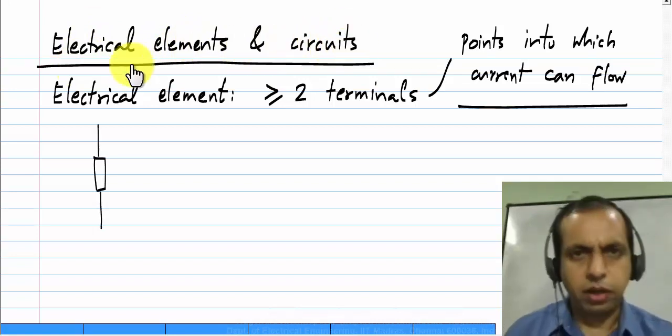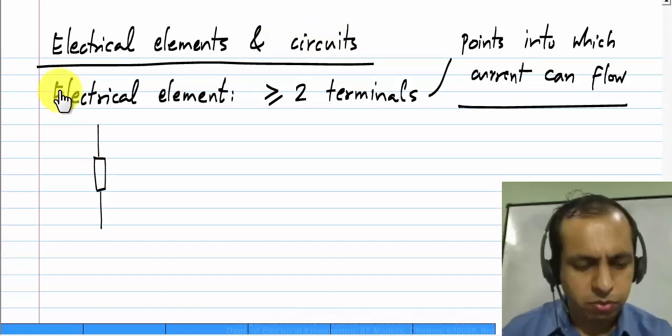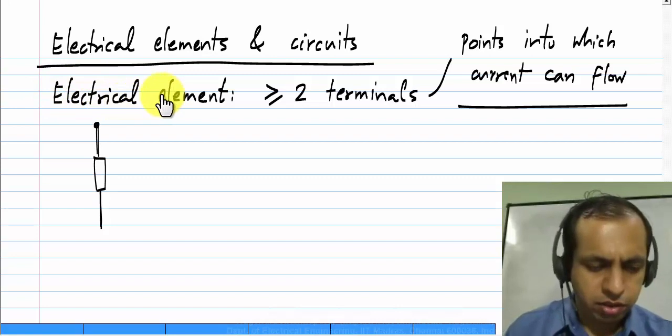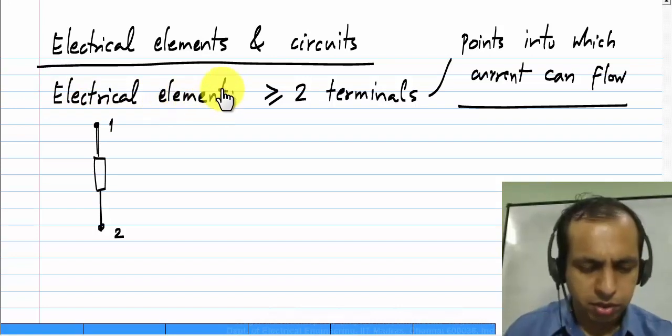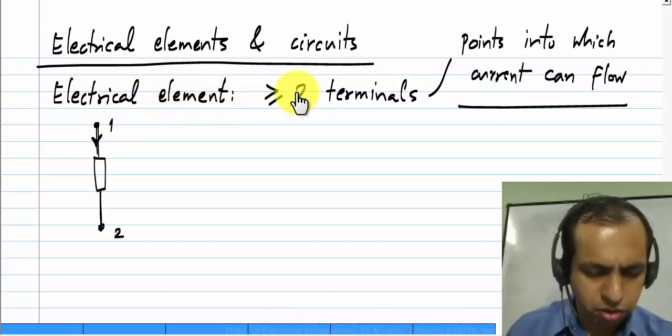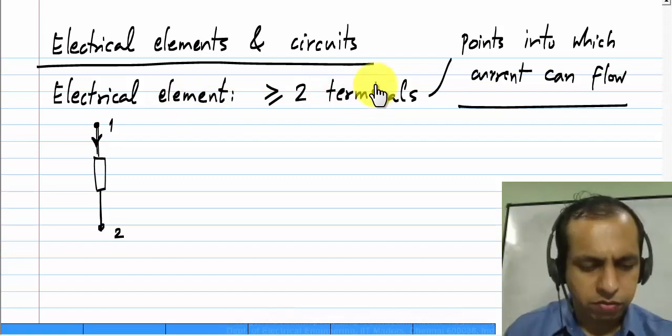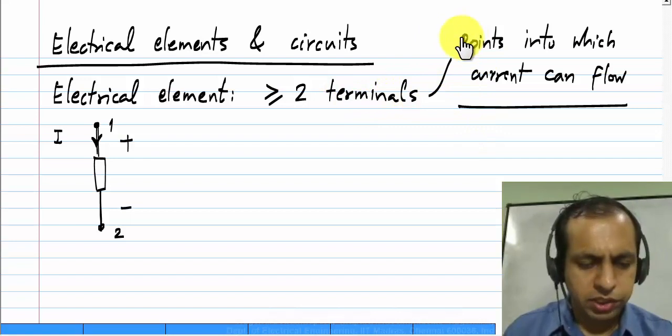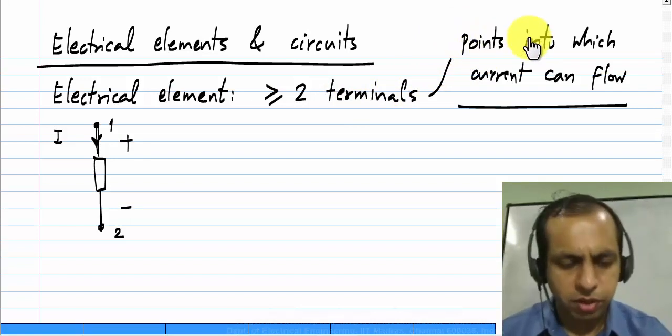So a generic element is represented by a box with two wires sticking out like this. So this is terminal 1 and terminal 2, and a current can flow into this terminal, and we measure voltages across any pairs of terminals.